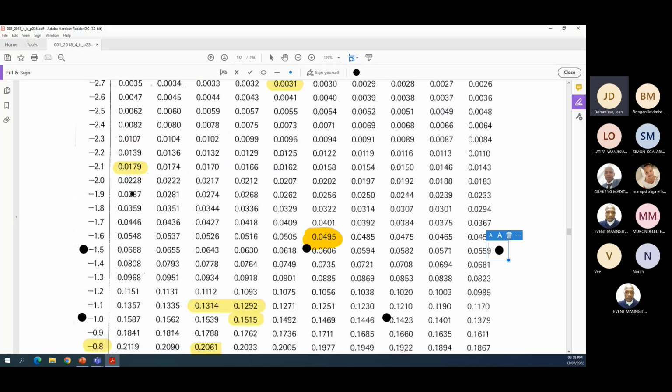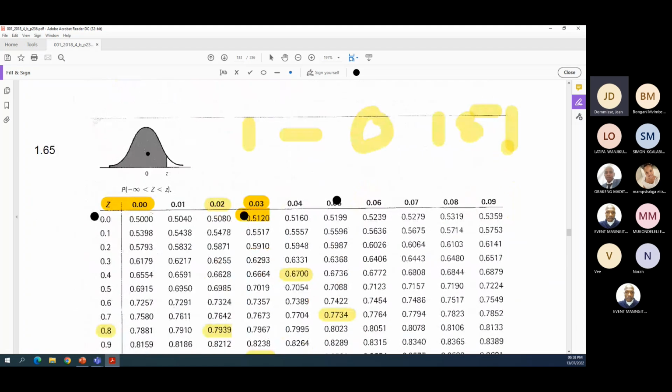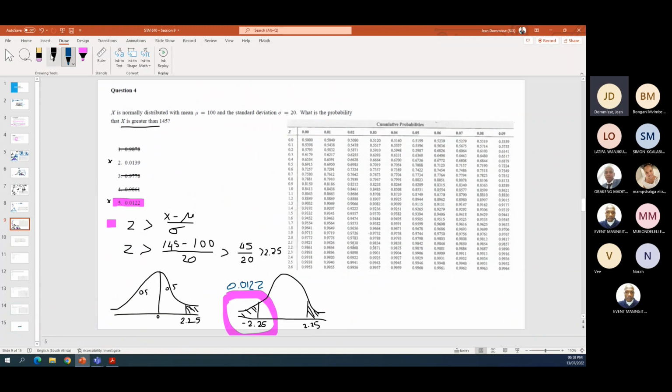I know from the positive table, I'm actually getting the other area, this bigger yellow area. So if I say 1 minus that area, I will get this purple area.